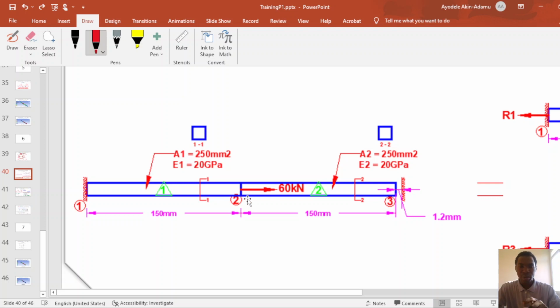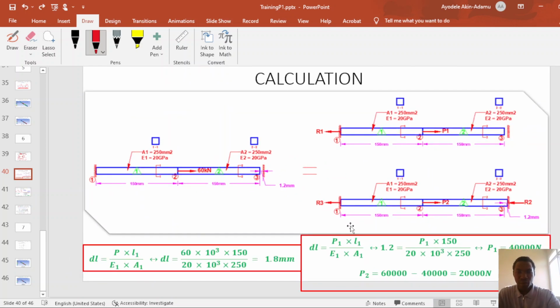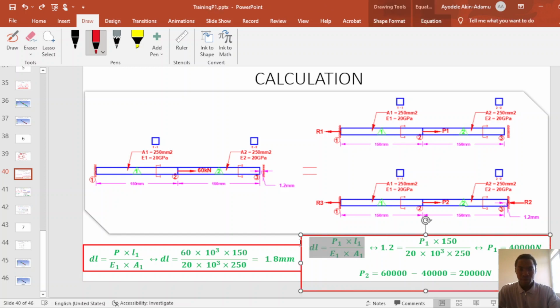which we can calculate using the elongation formula. Elongation equals PL over EA, where P is the force we are referring to, L is the length of the finite element, E is the Young modulus, and A is the cross-sectional area. This is the formula I'm referring to.